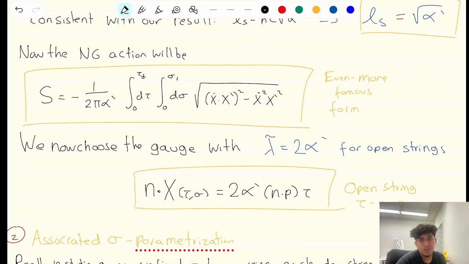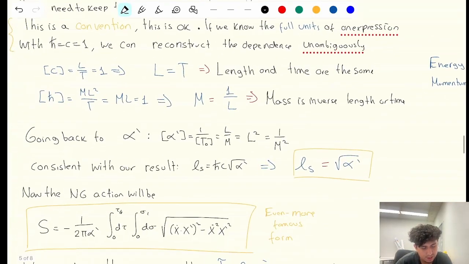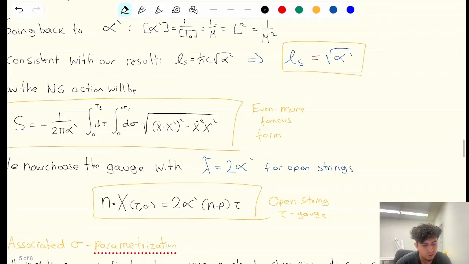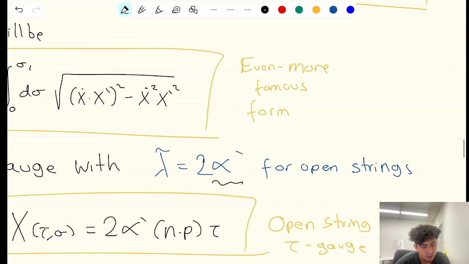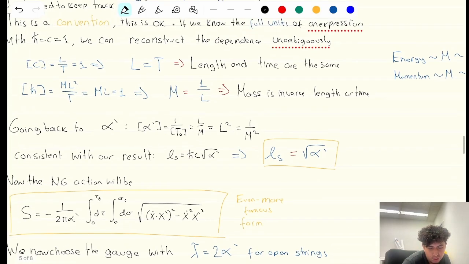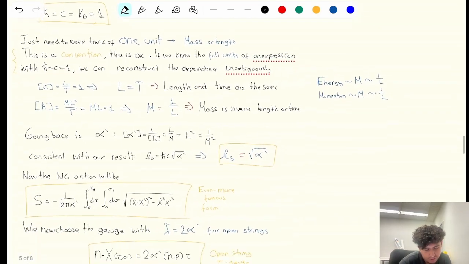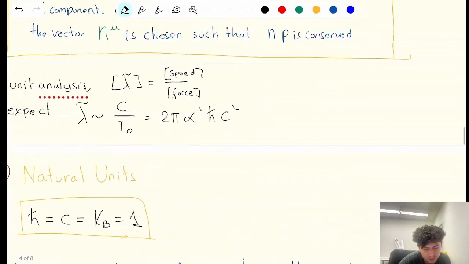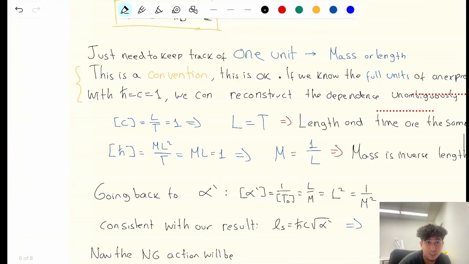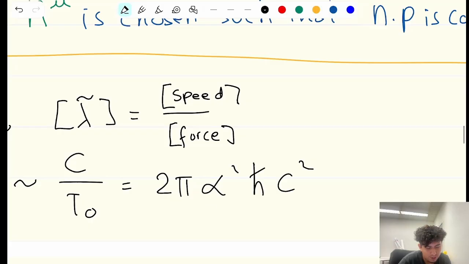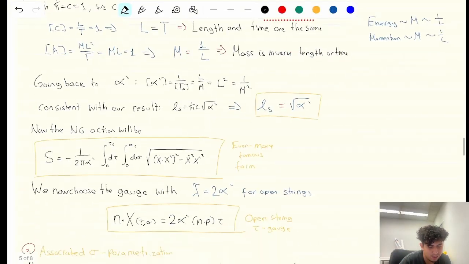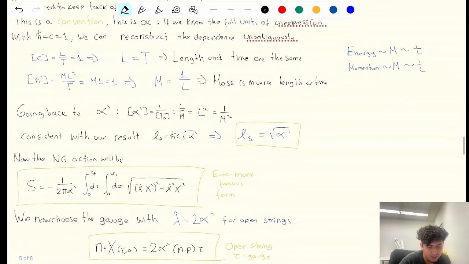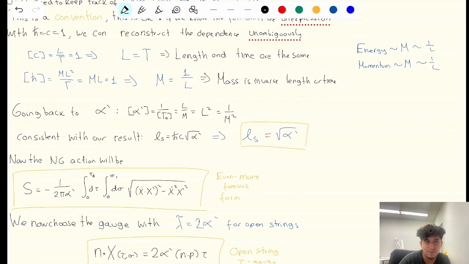And cool. So now in our gauge, we had this lambda hat constant. We're going to just choose it to be the slope parameter. Why? Because by unit analysis, we can do that. We know the lambda hat has to have units of speed over force, or also known as units of c over T naught, which is the same as the slope parameter.